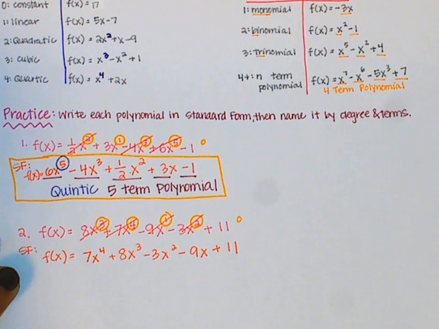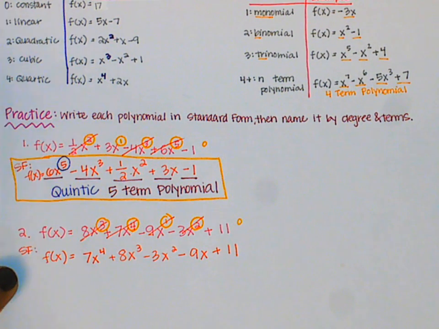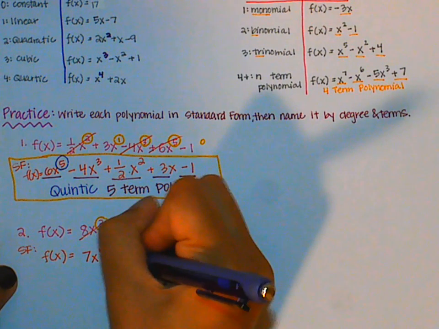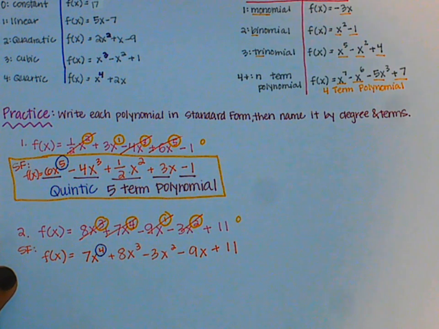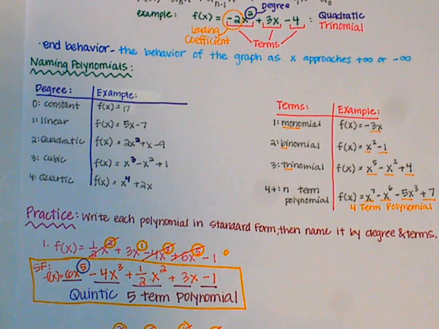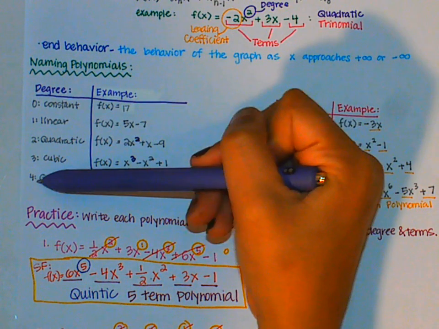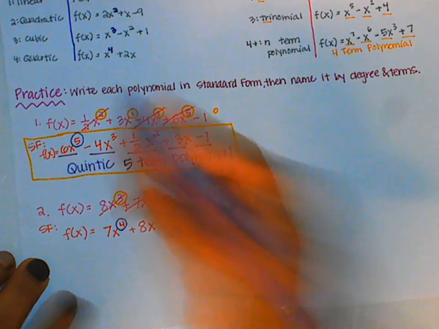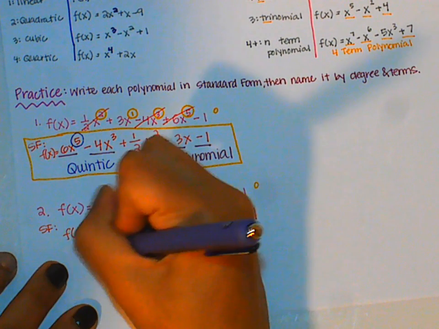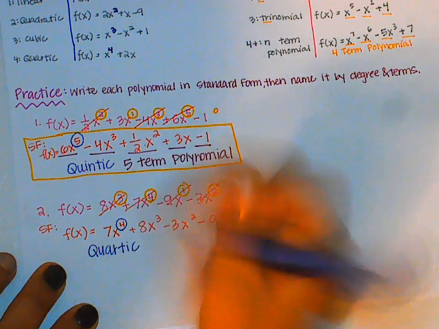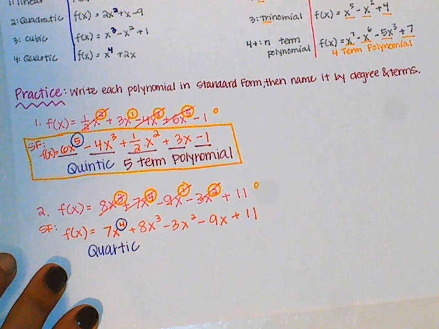plus 11. Okay, now I'm not quite done yet. Now that I have it in standard form, I can find my degree, which is my largest exponent. I look at my table, so my exponent is a 4, that degree. So this would be a quartic. And now I'm going to count my terms.